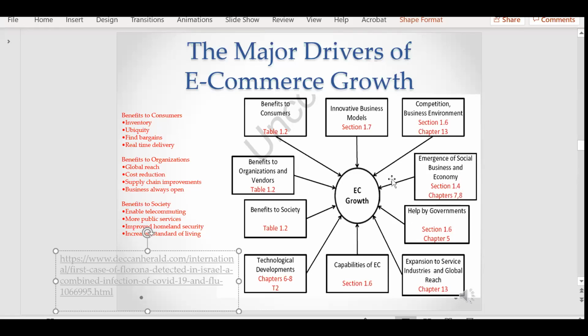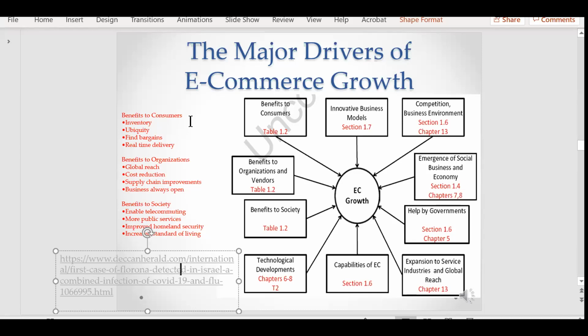So these are all the various drivers. Take note, this particular slide came out a few times on what are the benefits or driving forces that propel the growth of electronic commerce. These are coming not just from the benefits given to the consumers. The consumer can find lots of benefits in online purchase.